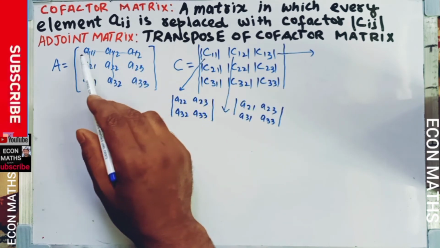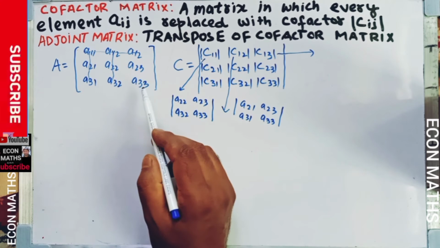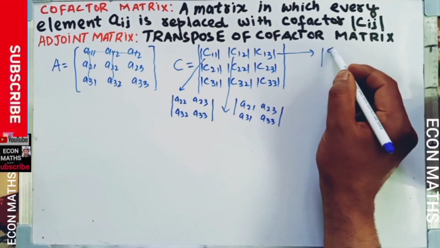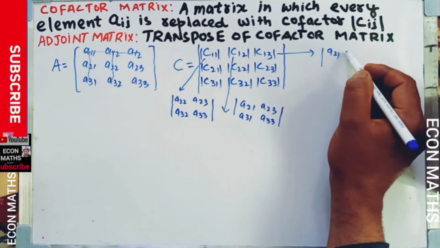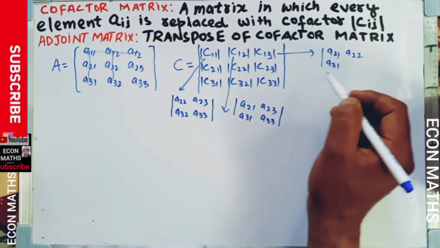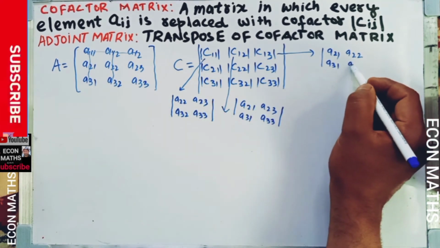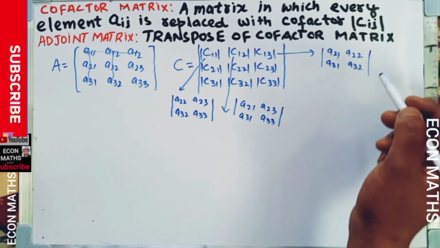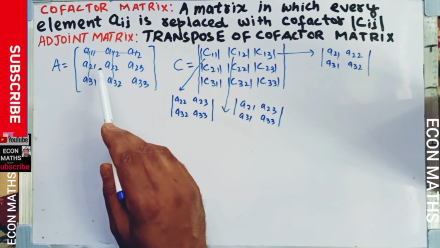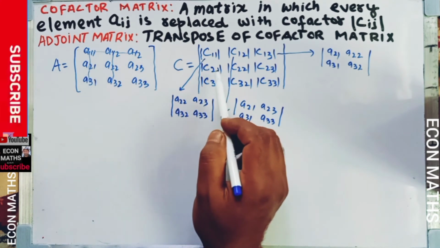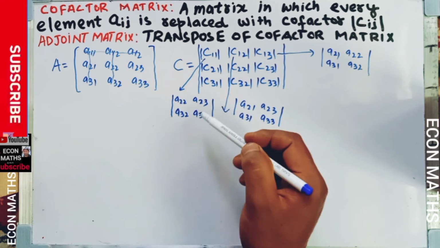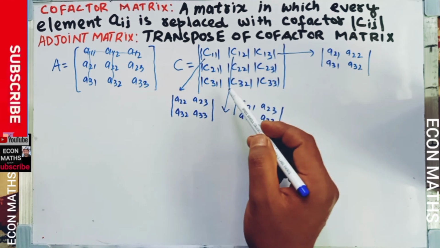Now this column and this row are deleted and we are left with these 4 elements, that is A21, A22, A31 and A32. Similarly, we replace every element of this matrix with its cofactor. This process goes on until we find all the 9 cofactors.